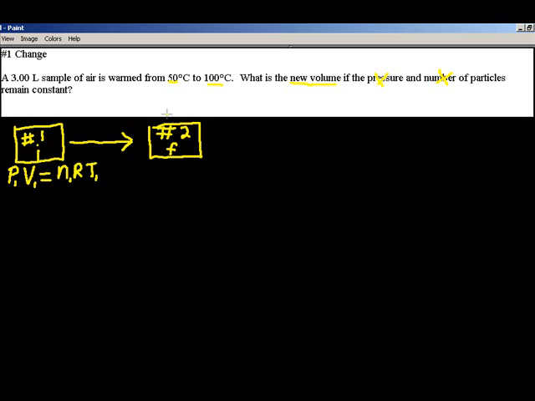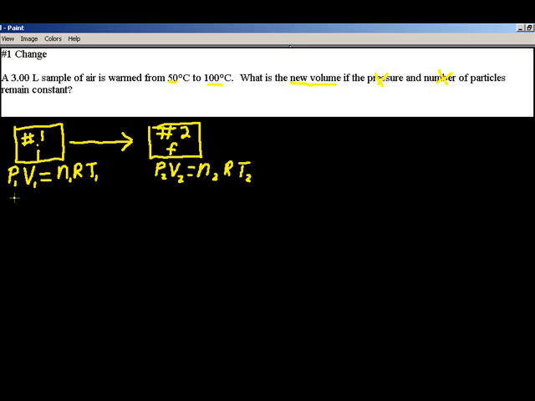Now, when you get the ending container, it too has to obey the gas law because it's a container with gas in it. So we have pressure number 2, perhaps a volume number 2, and a number of moles. And every time you get a container, the rules of PV equals nRT apply.